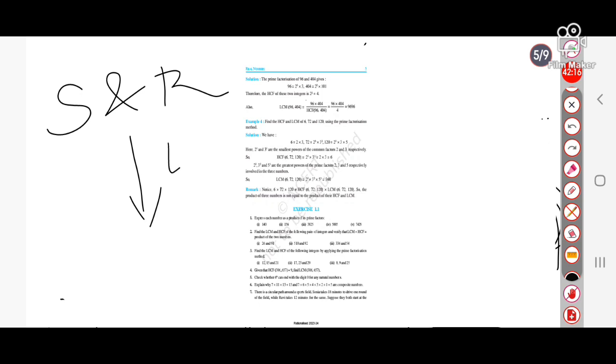For word problems like these, what I do is first jot down what has been given in the question. Sonia and Ravi move in the same direction at the same time.